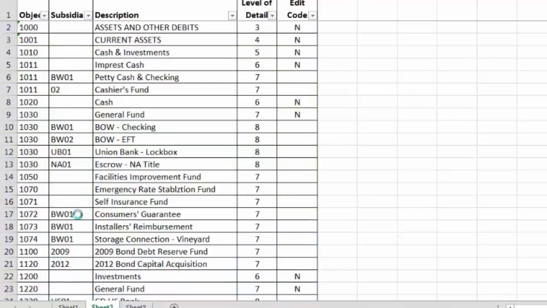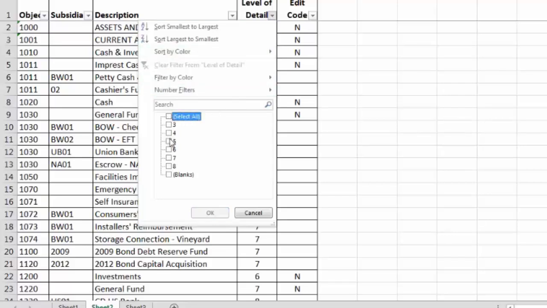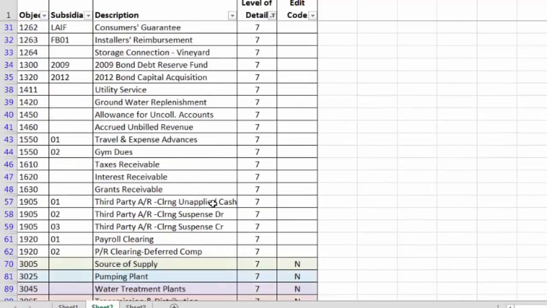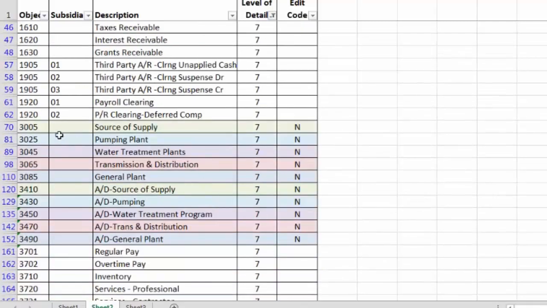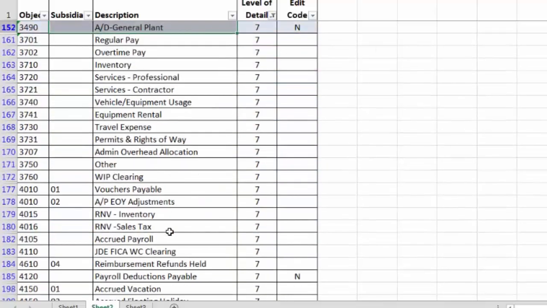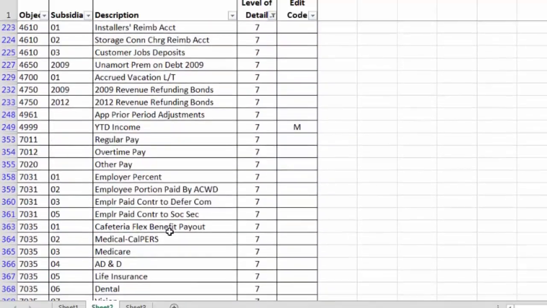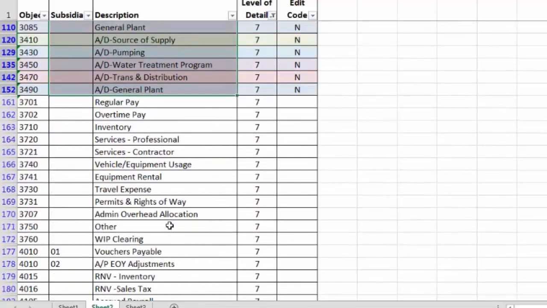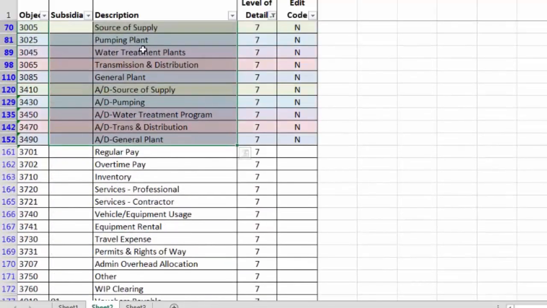And it makes it easy for you to get reports at a particular level of detail. So for example, if I said all of my level of detail 7, well, if you'll notice, that's the totaling account for all of my groups. So I can see at a glance the net book value for all of my assets by looking for a level 7 in this particular range of account.